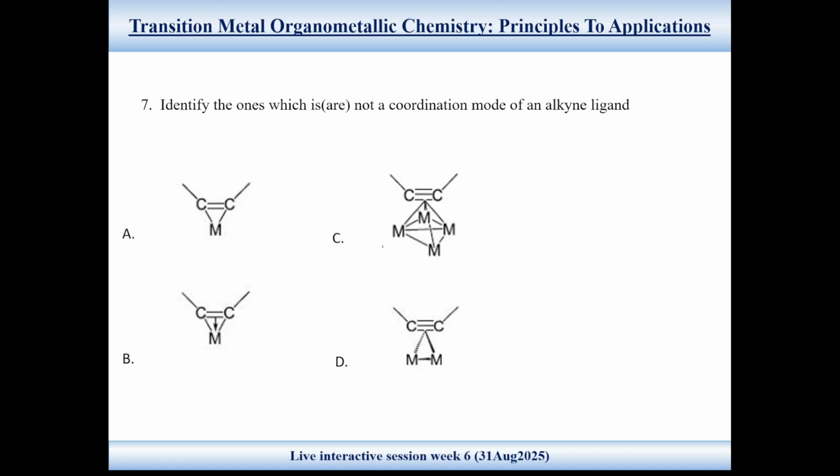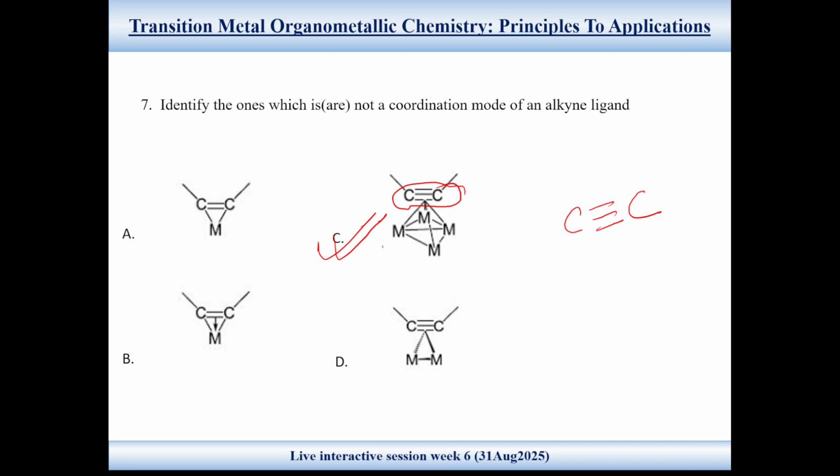The correct answer is option C, because here one acetylene moiety is bound to 4 metal centers, and acetylene has a very short carbon-carbon distance.